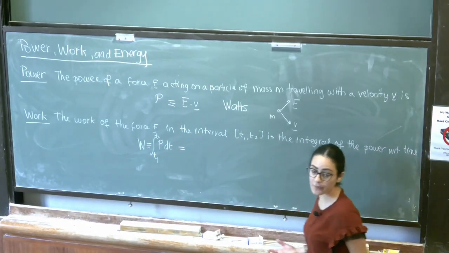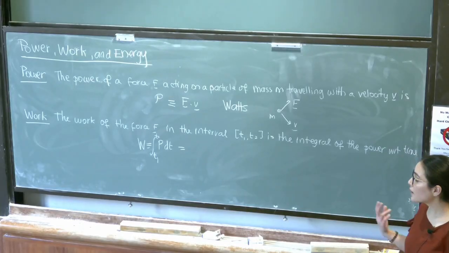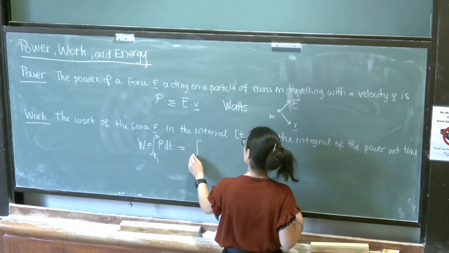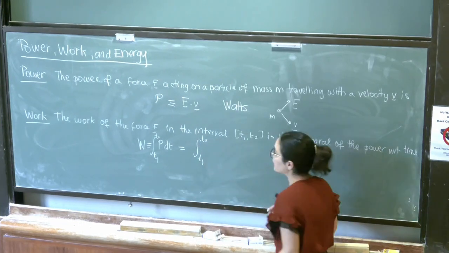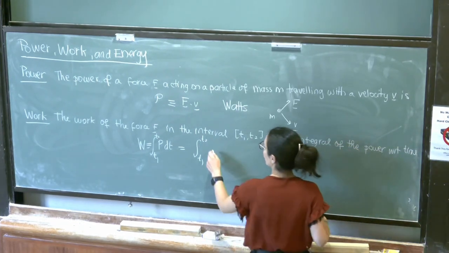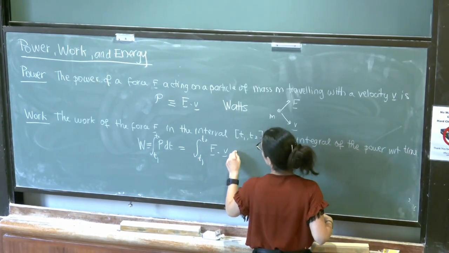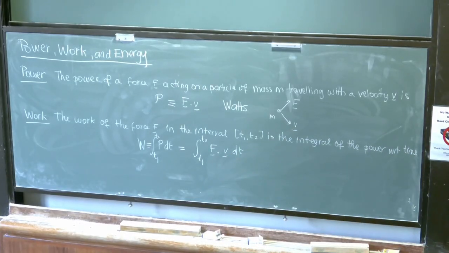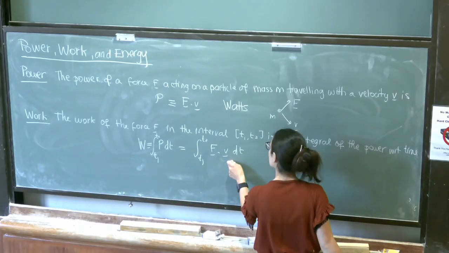Okay, so that's by definition what the work of a force is, the integral of the power with respect to time. So I can replace the power by what it is, F dot v dt. Now, what is this v dt term equal to?